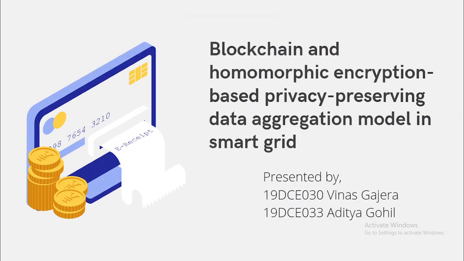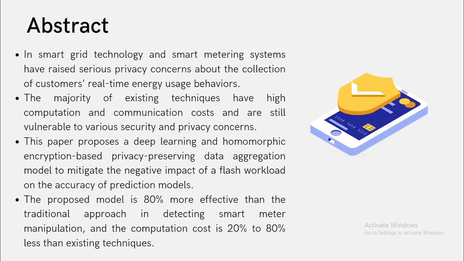So good evening. Our topic is blockchain and homomorphic encryption based privacy preserving data aggregation model in smart grid. Smart grid technology and smart metering systems have raised serious privacy concerns about the collection of customers' real-time energy usage behavior.